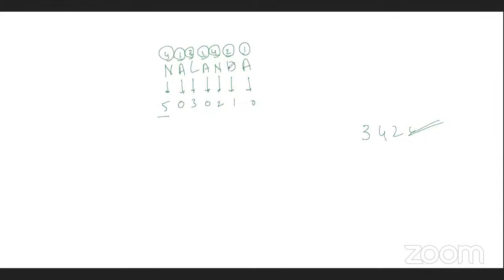Next, including this, how many repetitions are there? 2 N's, 3 A's. So 2 factorial, 3 factorial. No need to write this because 0 is there. Right side to this, including this, only 2 A's are there, 2 factorial. Here no need to write this. Including this, any repetitions?